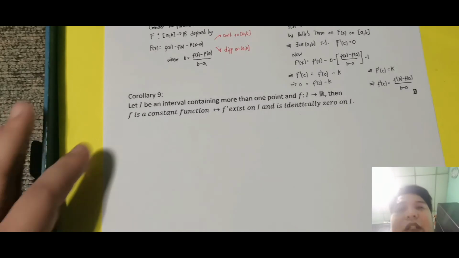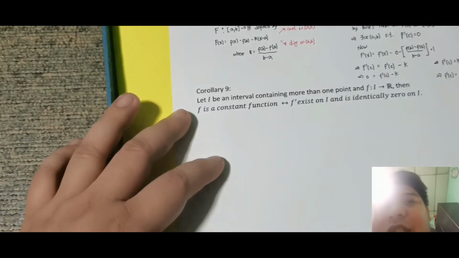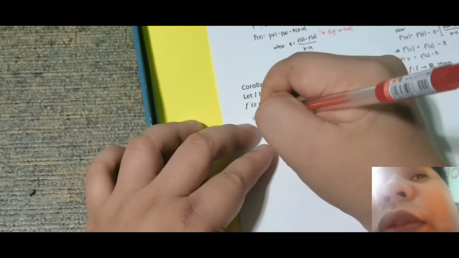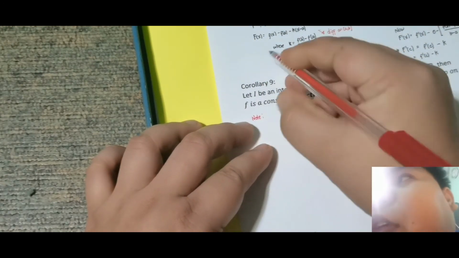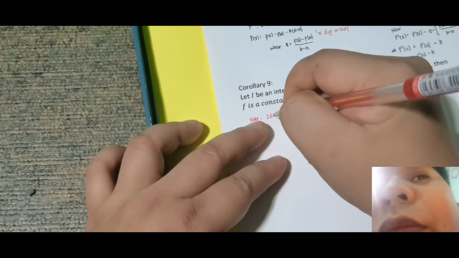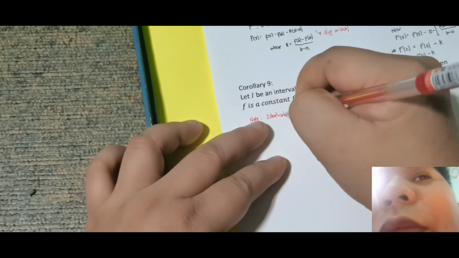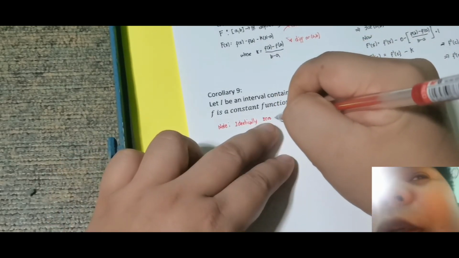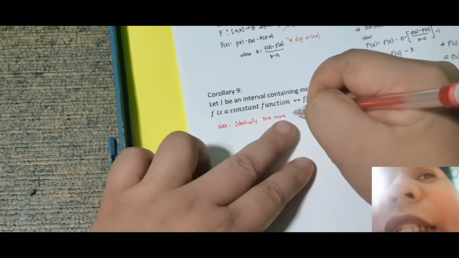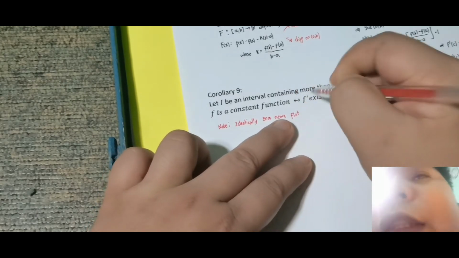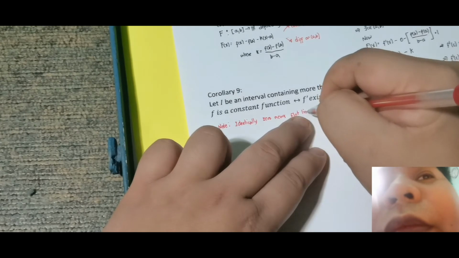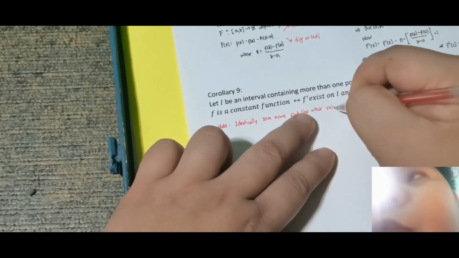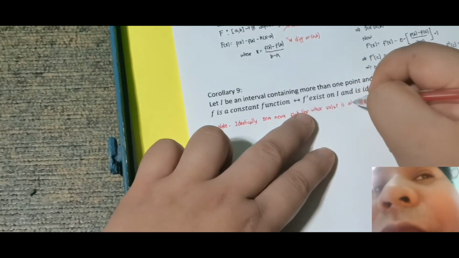So, note: identically 0 means this is a flat line whose value is always 0.